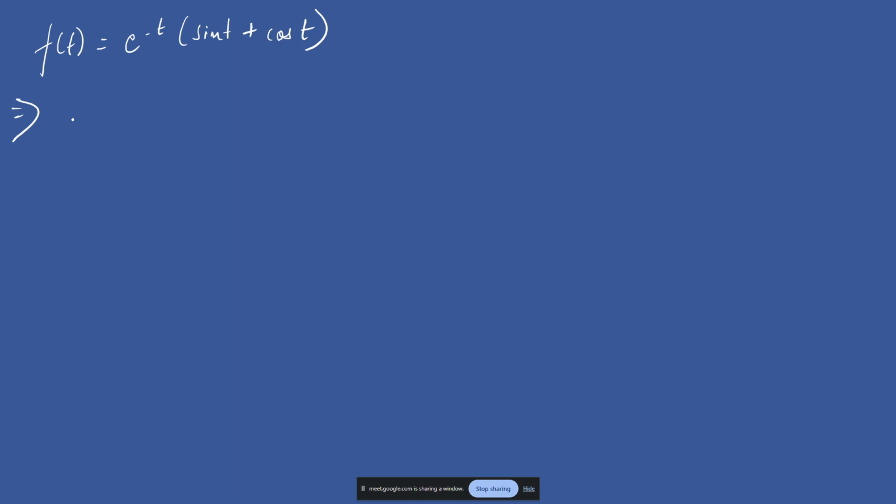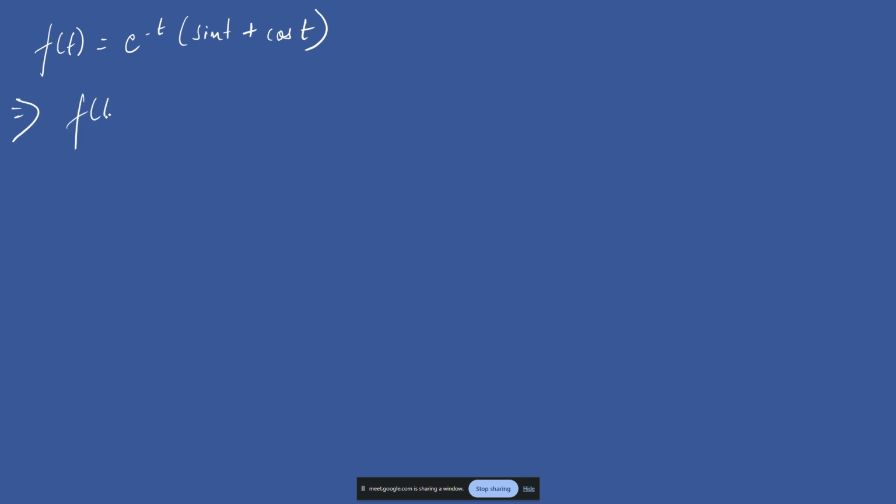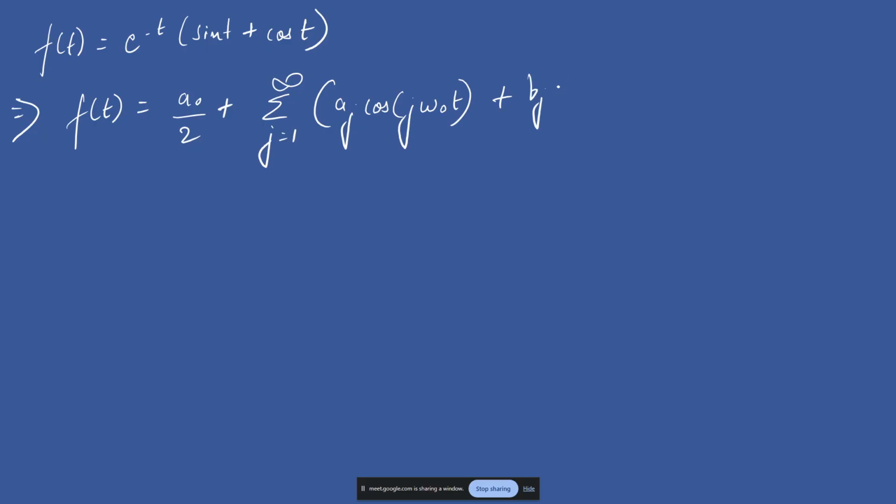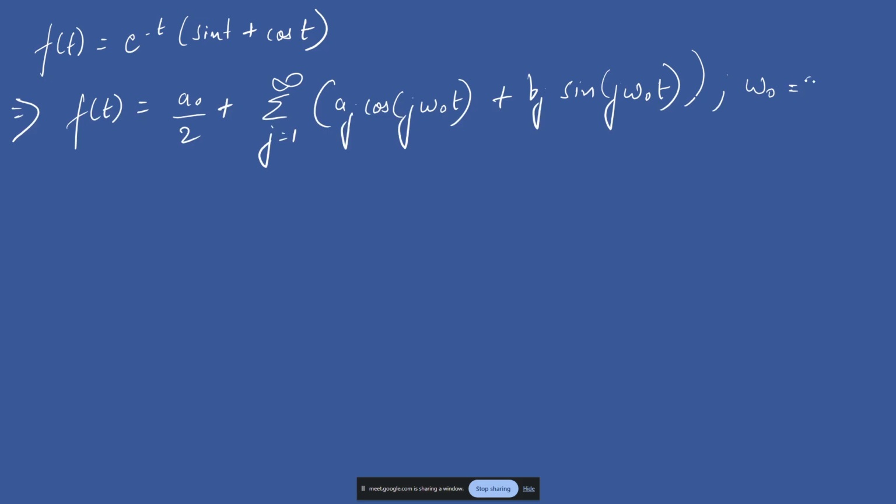To get the particular coefficients after the Fourier analysis, the Fourier transformation is usually represented by f(t) = a naught by 2 plus the sum over j equals 1 to infinity of aj cos(j omega naught t) plus bj sin(j omega naught t), where omega naught is equal to 2 pi by T naught.